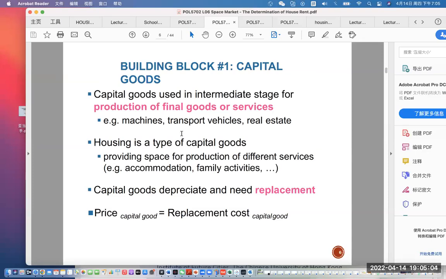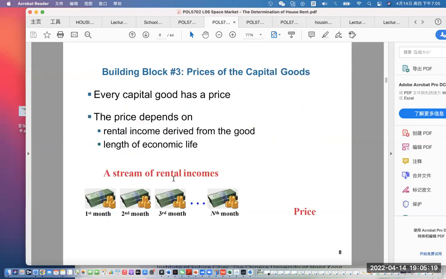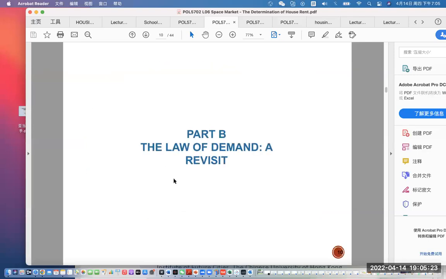If we look at the first block in capital goods, the price is considered equal to the replacement cost, and the price of using the capital goods. So here we use the price of capital goods for a lot of cases.